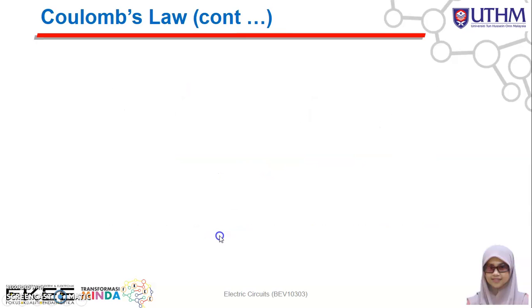Coulomb's law also says that, let's say you have a positive charge here and a negative charge here. There will be a force between the charges, attracting them to each other, and R represents the distance between the two charges.